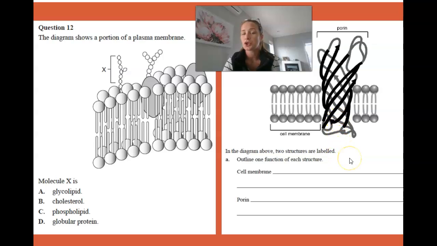What can I deduce about the function of porin? That it is a transport protein allowing the movement of larger molecules through the cell membrane. That would be a valid answer. So an answer that convinces an assessor that you have recognized this as being a protein and that you can see that it would be allowing transport.